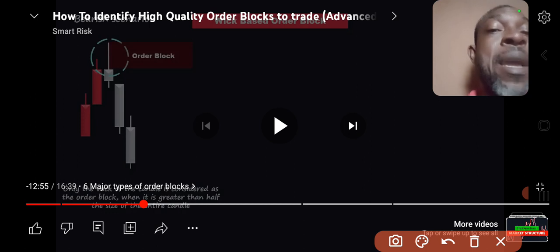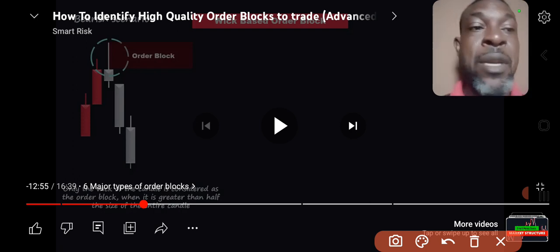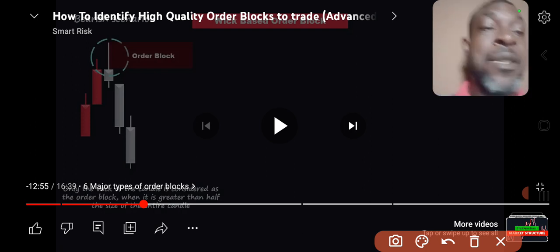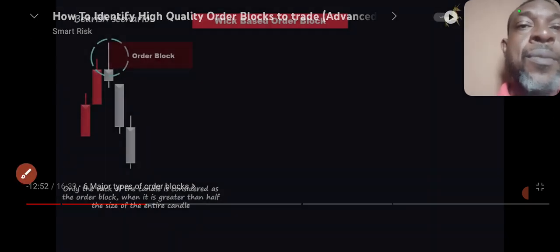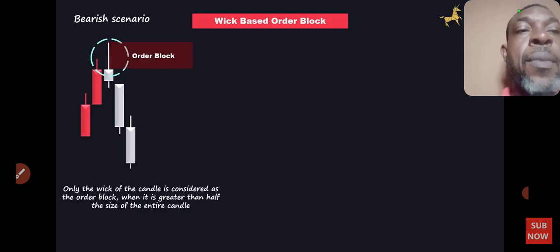So that's a wick-based order block. So what you pick is the zone of that wick and not the entire body of the candle. Only the wick of the candle is considered as the order block, disregarding the candle's body.